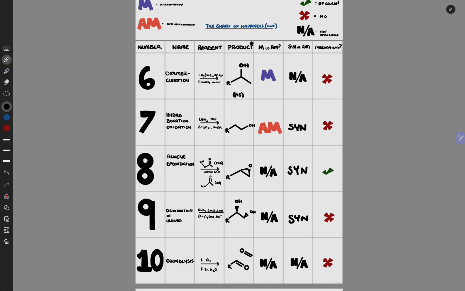You can think ozone layer, which is just O3. So the first step is O3, and the second step is throwing on zinc and H2O. Again, another complicated mechanism we do not need to know. Syn, anti, doesn't matter. Markovnikov, anti-Markovnikov, doesn't matter. Why? Because the product actually just takes an alkene and cuts it in half. On both sides that are cut in half, it puts an oxygen.